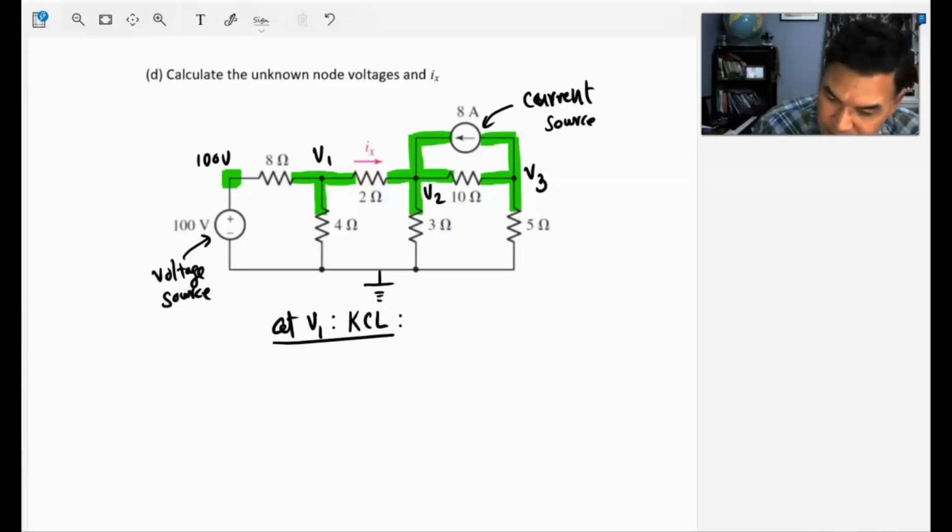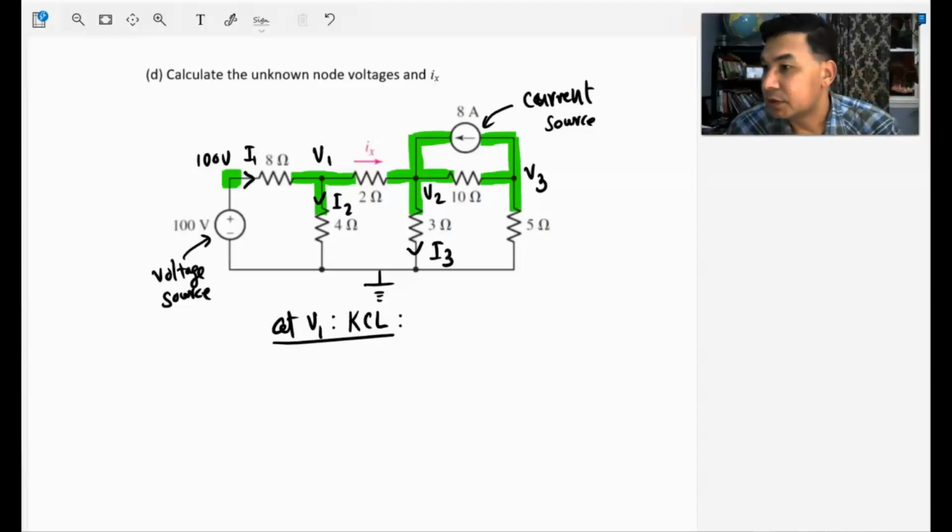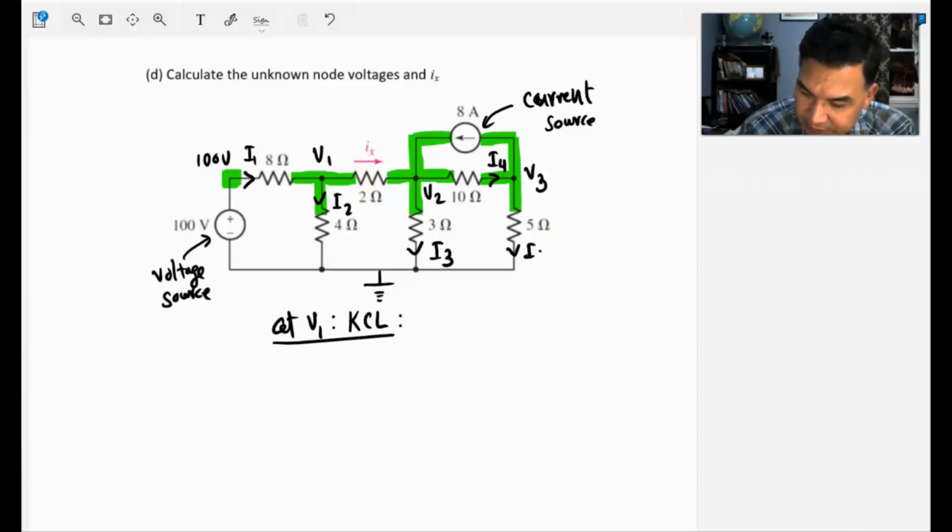Let's make an educated guess of the currents. Let's say this is I1, this is I2, the current here is Ix, this current is I3, this is I4, and finally I5, the current through the 8 ohms.